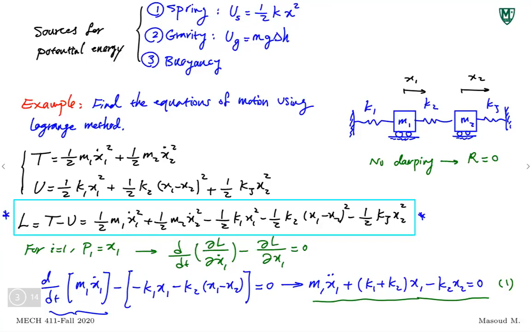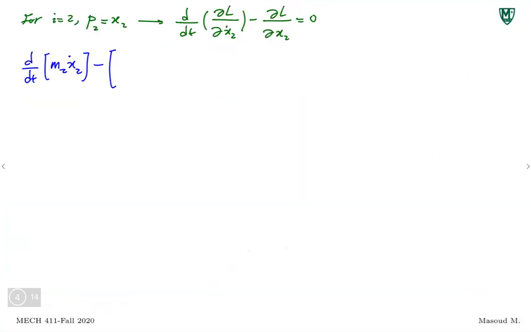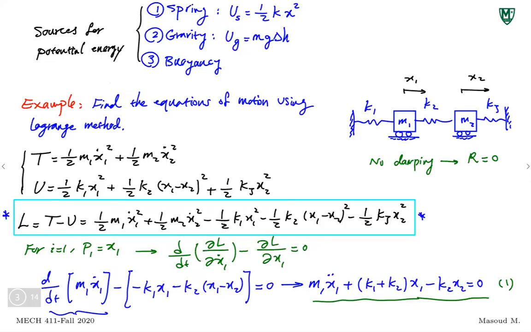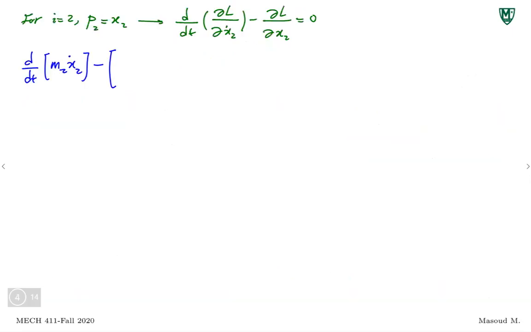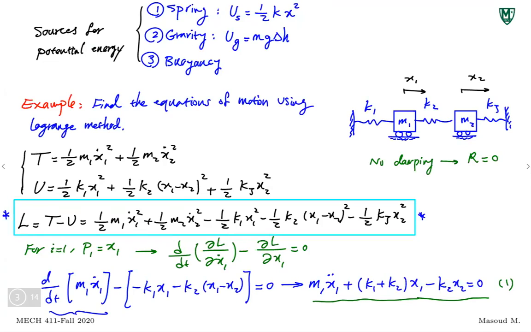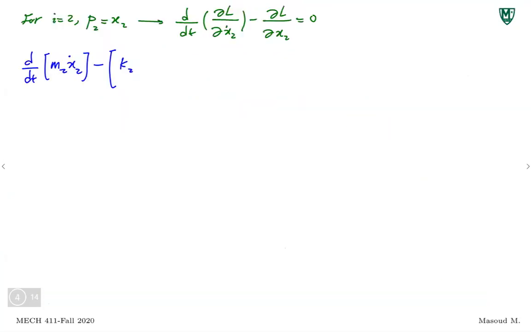The 2 comes down, and with the minus it becomes plus, so k2 (x1 minus x2).